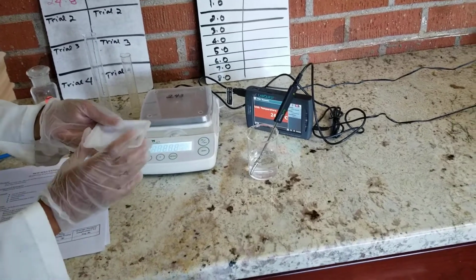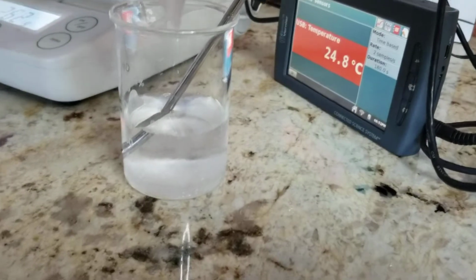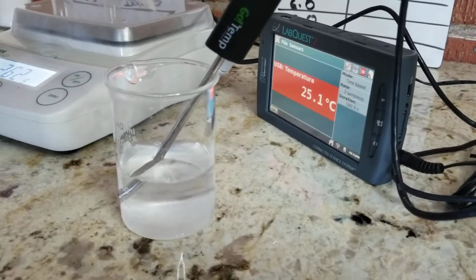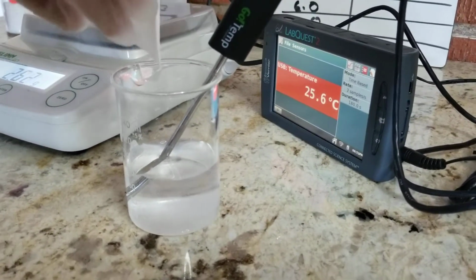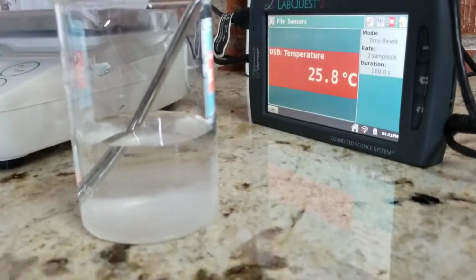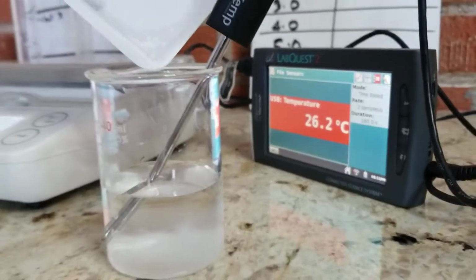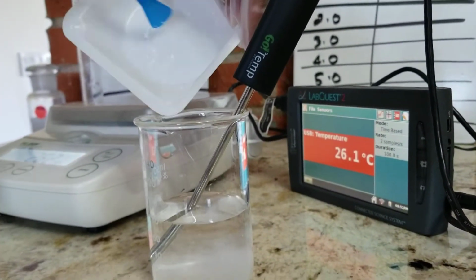And then typically I would have a stirring rod here, but I'm going to have to use our thermometer and try to get as much. So notice my weigh boat here. There's quite a few of my calcium chloride getting stuck in there.